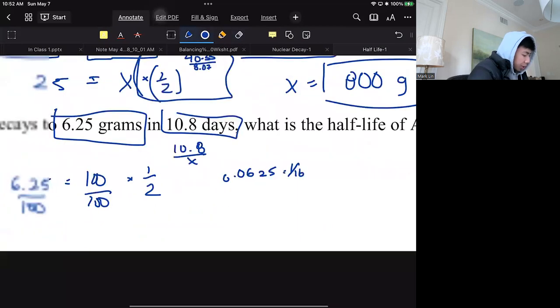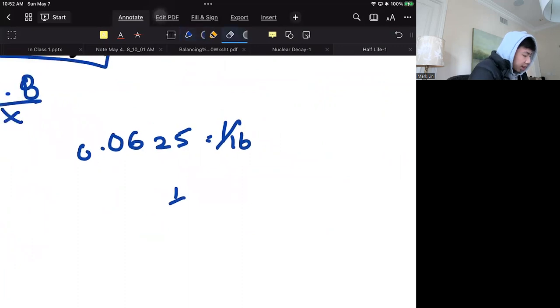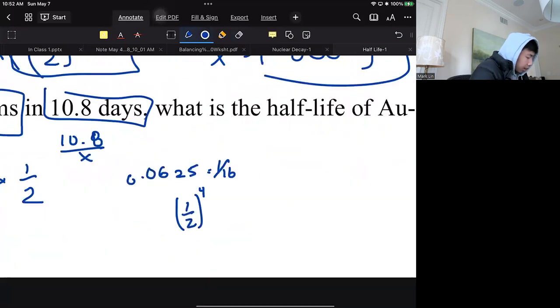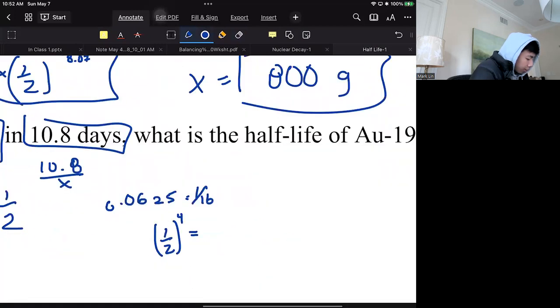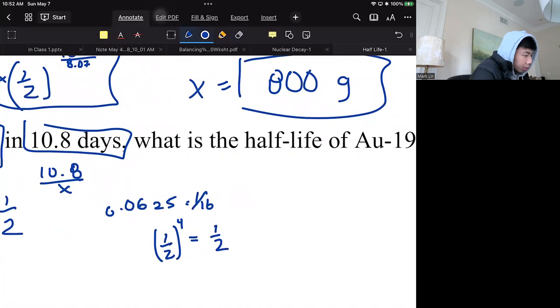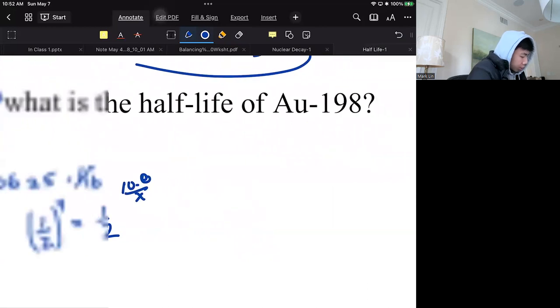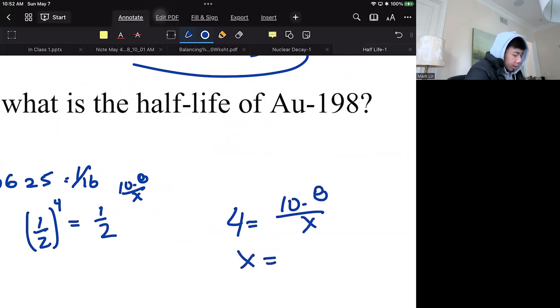So we can also rewrite 0.0625 as 1 over 16. So 1 over 16 is also 1/2 to the fourth power, equals 1/2 to the 10.8 over x. And so now we can just rewrite it as 4 equals 10.8 over x. Isolate x, and then we get 2.7 days.